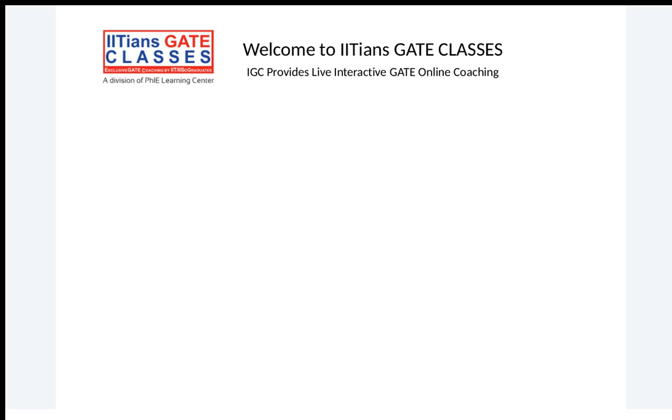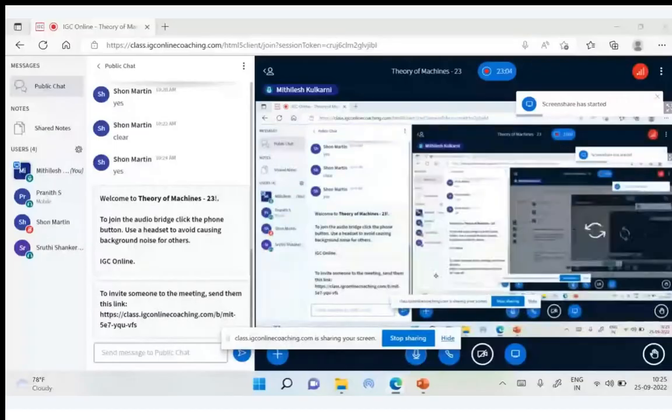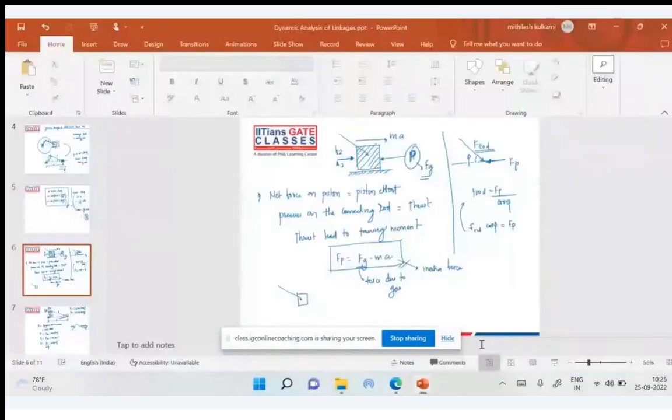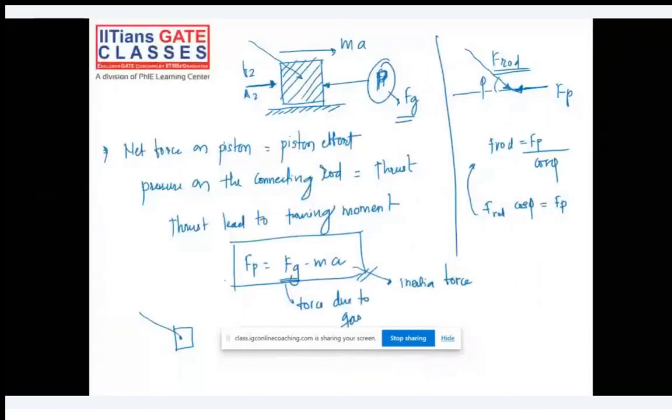At all the other locations, cos of theta will be less than 1, so the F rod will be greater. So the minimum value is correct, the minimum value is FP.